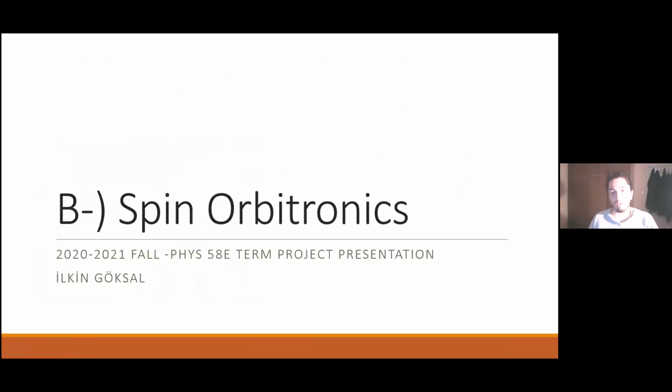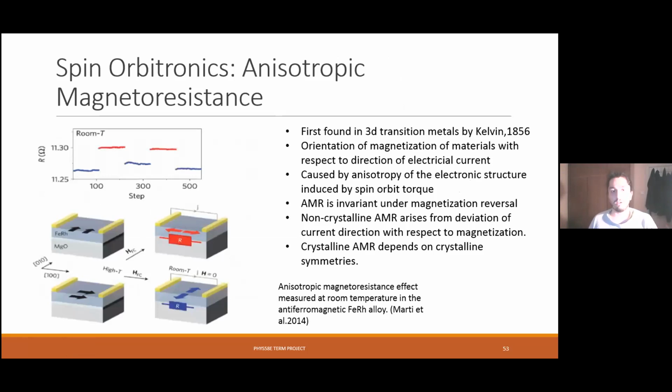And a few words about spin orbitronics. The most important phenomenon in spin orbitronics is anisotropic magnetoresistance, first found in 3D transition metals by Kelvin in the 19th century. The orientation of the magnetization of materials with respect to the direction of electrical current is caused by the anisotropy of the electronic structure induced by spin orbit coupling.